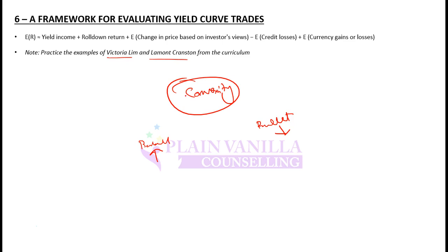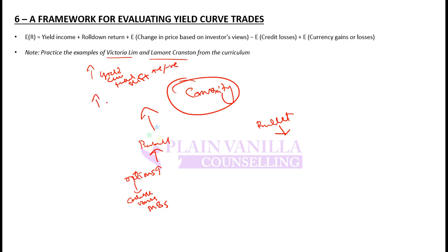You also know that convexity can be increased or decreased by using options, and that alternatives to options can be callable bonds and MBS. That means MBS and callable bonds can be used to alter the convexity. Then you know if convexity is high, you will benefit or outperform in yield curve shifts, parallel shift, whether positive or negative.